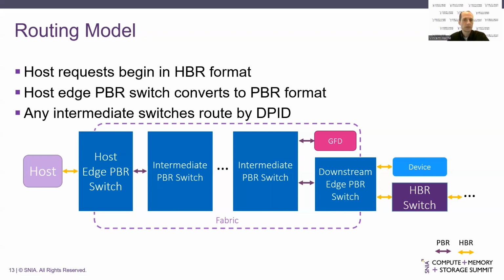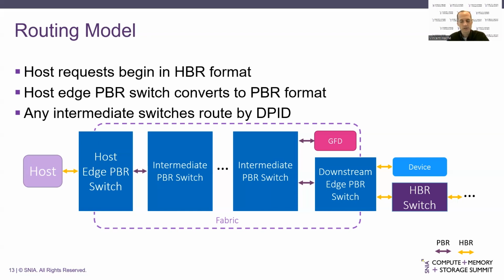Once that host edge switch has performed that conversion, it's pretty straightforward for the intermediate switches. They just route based on DPID. Routing throughout the fabric is something that is configured by the fabric manager. So there's a lot of flexibility in how that is done, which facilitates those various topologies I referred to early on.